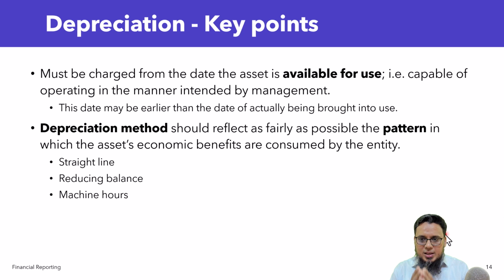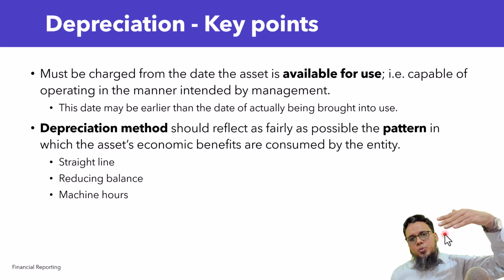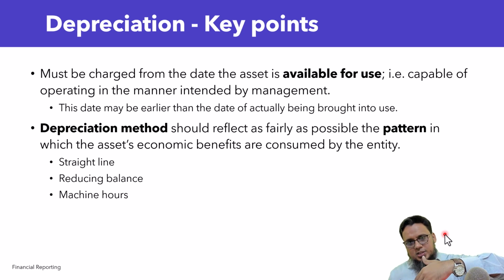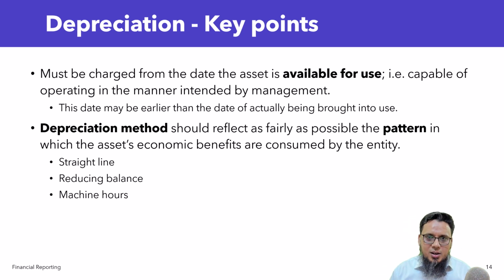The decision has to be in the context of the pattern in which the asset's economic benefits are consumed. So if it's a motor based asset which operates very effectively in the first few years of its life, and then starts losing its efficiency in the later years, then maybe reducing balance is the right approach.